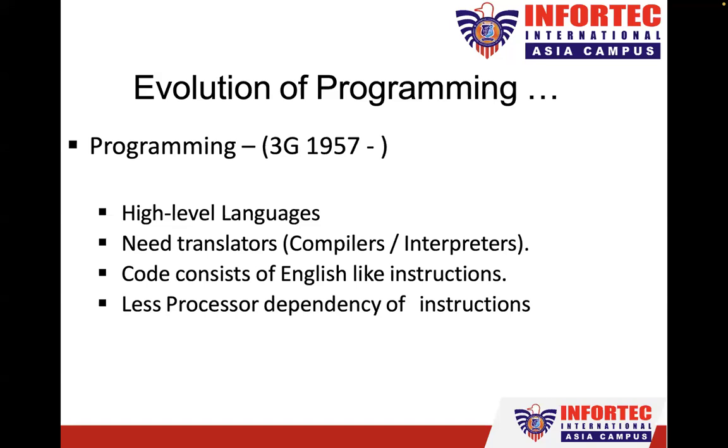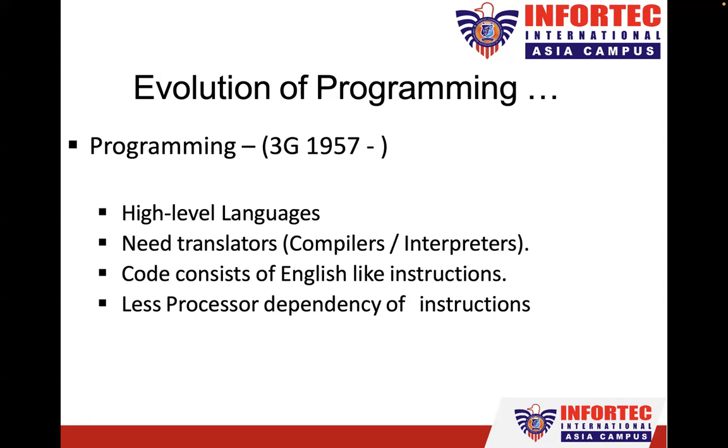Generation 3 we consider the most important generation because new things were introduced in this generation. Translators were introduced in this era because they wanted to convert English-like instructions to zeros and ones.